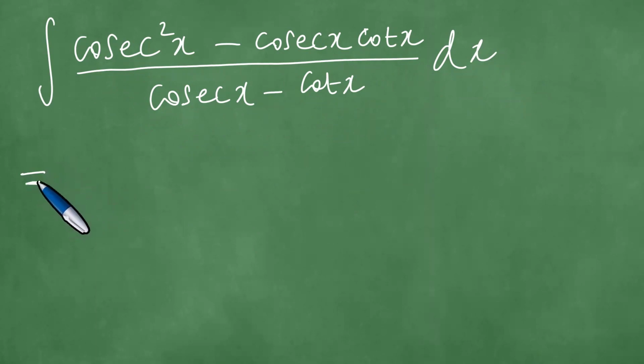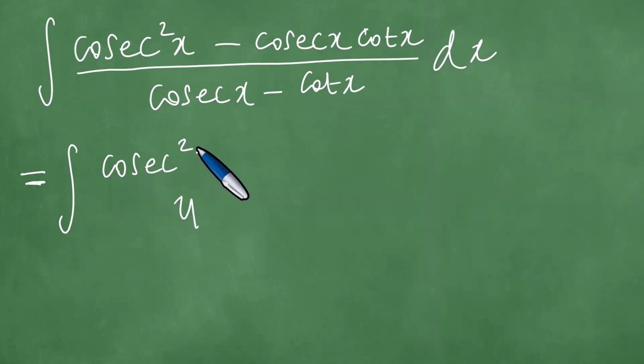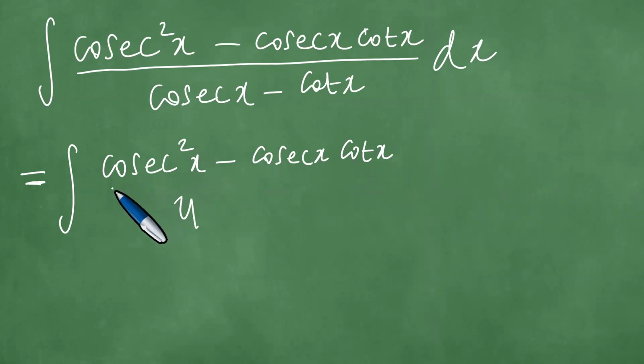Now, focusing on the denominator, we have decided to make the denominator u, and the numerator remains the cosecant squared of x minus the cosecant of x, the cotangent of x.